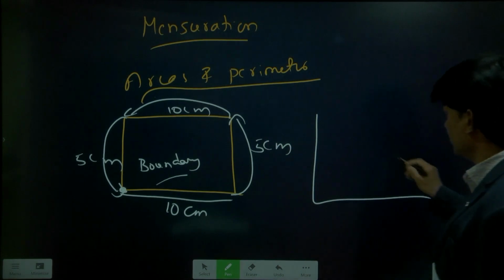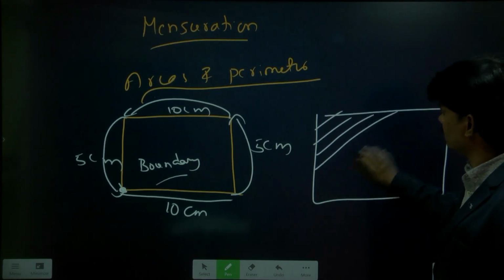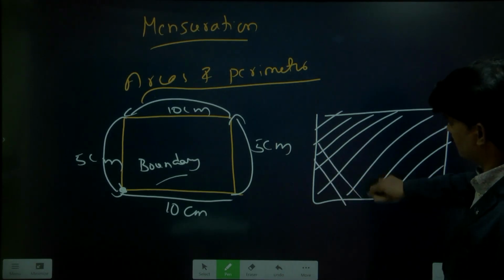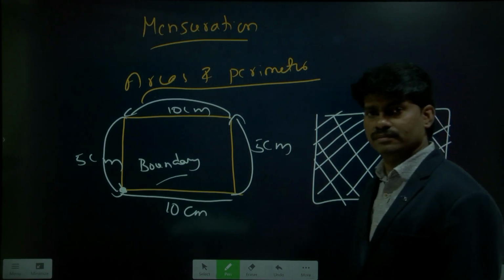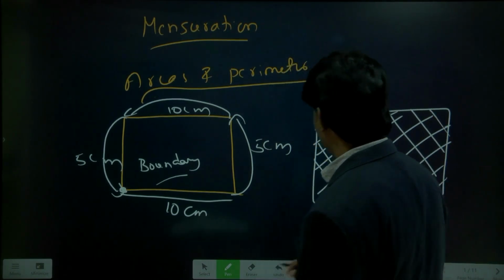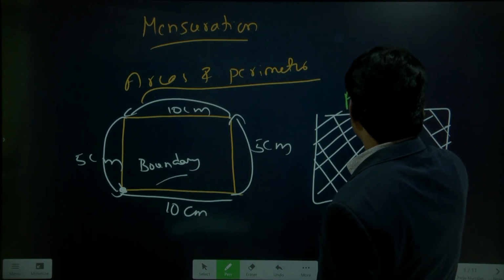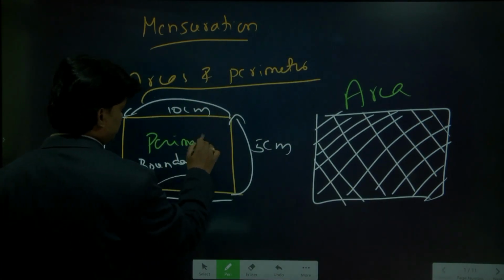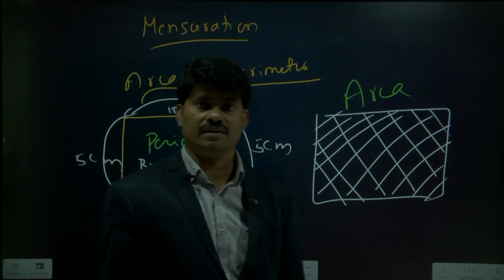The same one, we will find the magnitude of the closed figure. This magnitude we will call area, and this one we call perimeter, right?